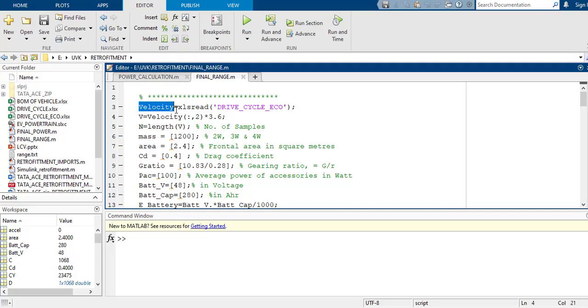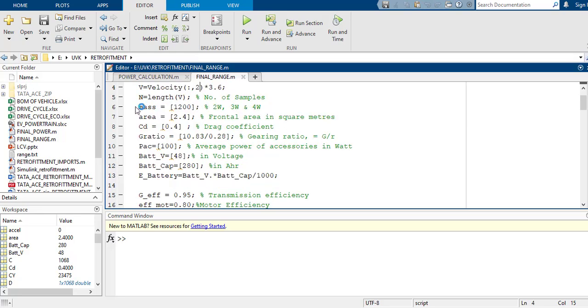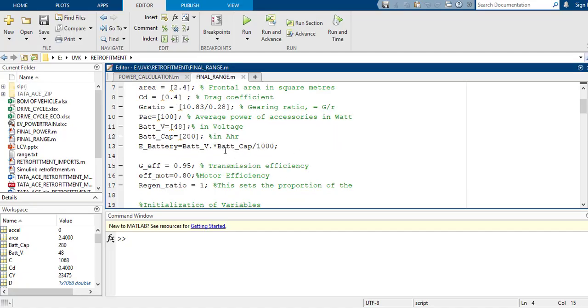Here is the velocity which we have already put in the last chapter, and I already explained the syntax to call or import the Excel sheet in a particular script. After that we have put mass, area, coefficient of drag, gearing ratio, average power, voltage, battery capacity and battery energy.